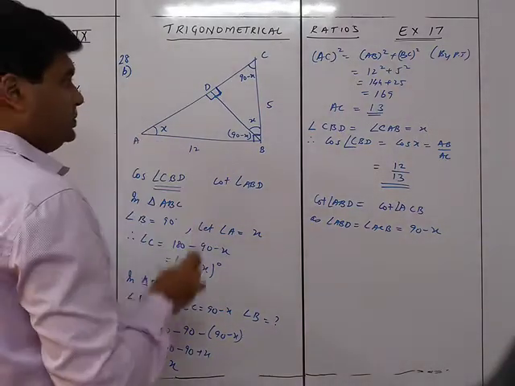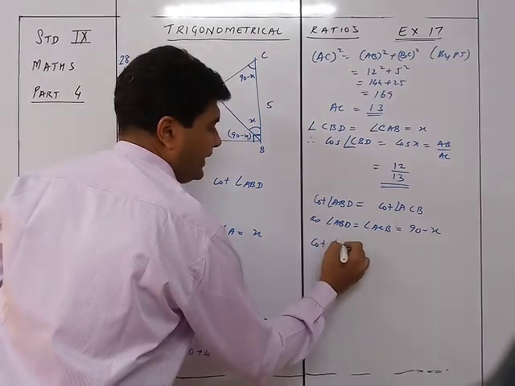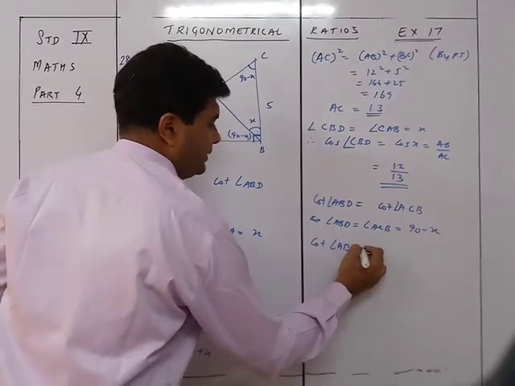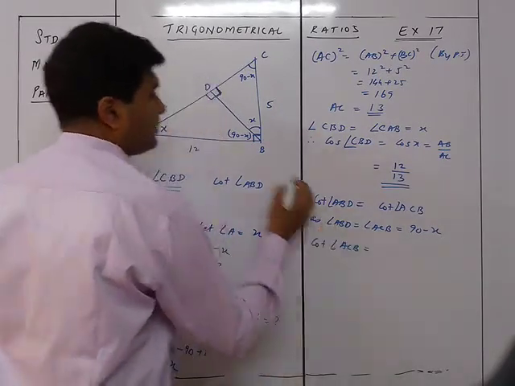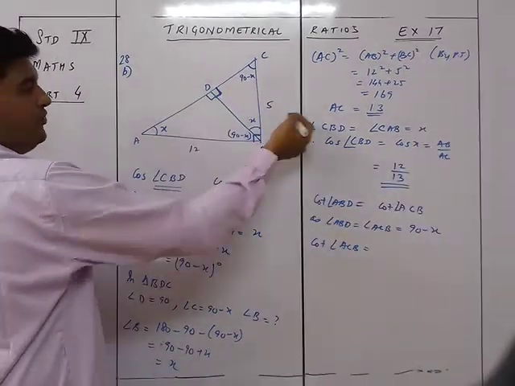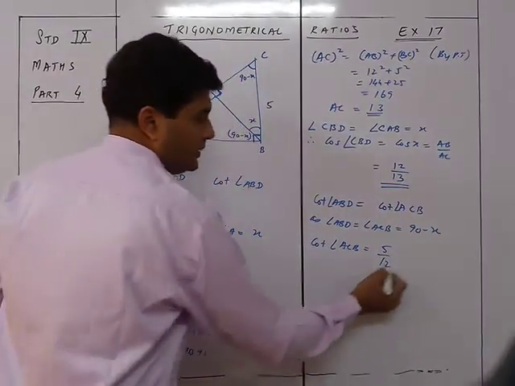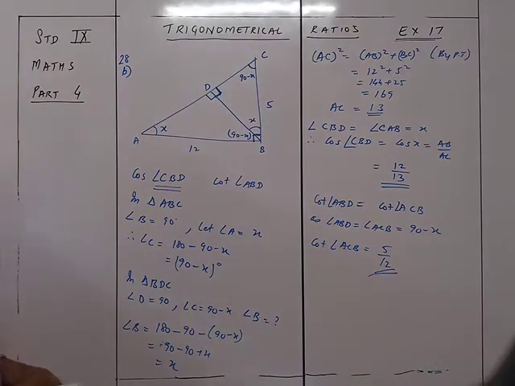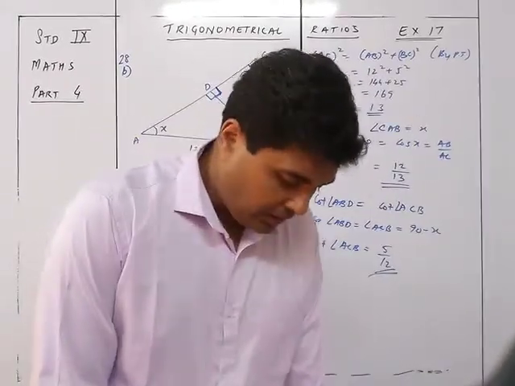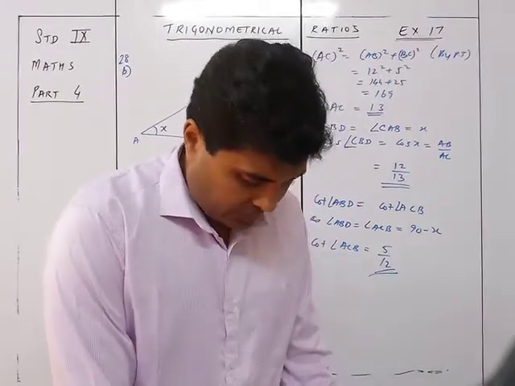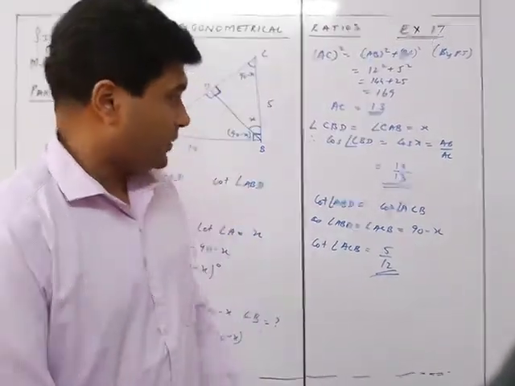Got it? So therefore, cot angle ABD, or rather ACB, in this one cot will be equal to 5 upon 12. That's the answer. So that was sum number 28B. The answers for sum number 28B are 12 upon 13 and 5 upon 12.